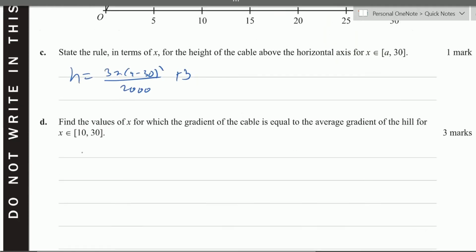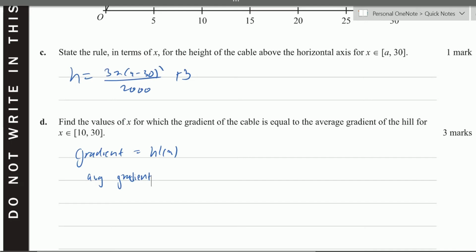So the normal gradient is just h dash x, and the average gradient, they worded it as average gradient, but it's just asking for average rate of change. So that would be f(30) minus f(10) on 30 minus 10, and this is actually -3 on 10.